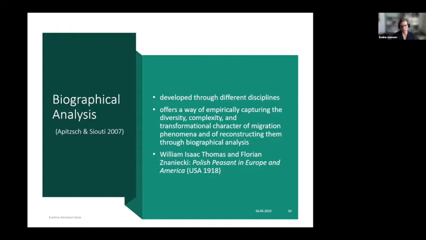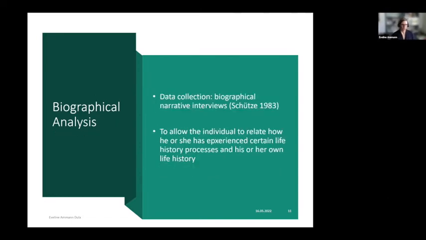You can read about it. It was very interesting because they were pioneers at this time, starting with postcards coming from the Polish peasants and collecting this data about their life course. That was the first study we can talk about using a biographical method in migration.